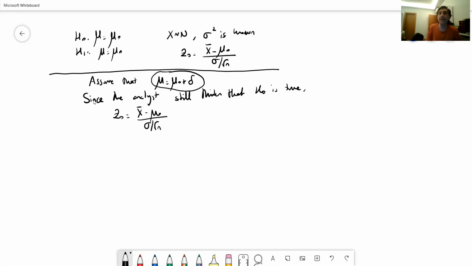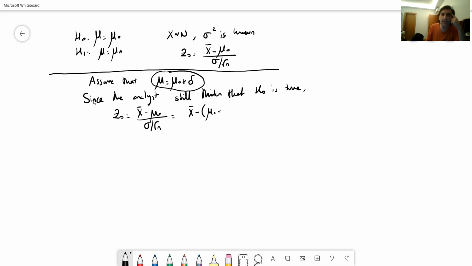Nothing fancier. Now, in order to include this information somehow to see what is going to happen to Z0, what the typical Z0 values are, I'm going to add a delta term and subtract a delta term.